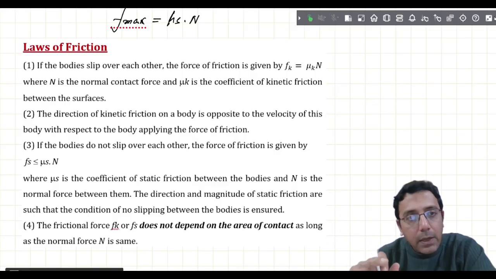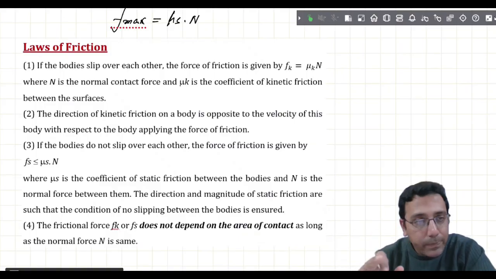Second, the direction of kinetic friction on a body is opposite to the velocity of this body, that we have seen in some free body diagrams. The direction of friction force is always opposite to the velocity of the body.